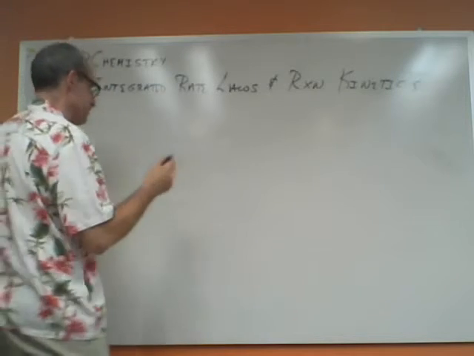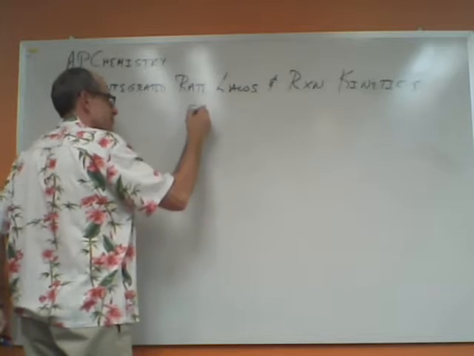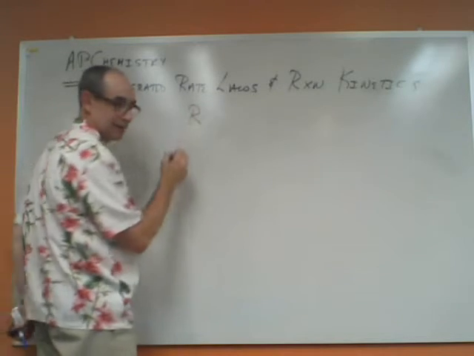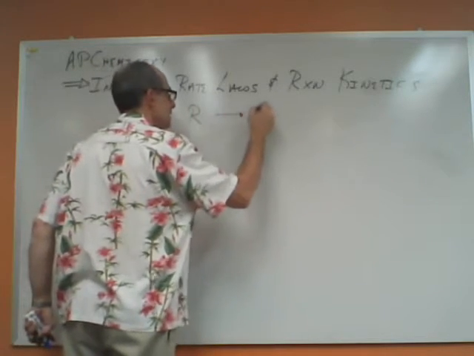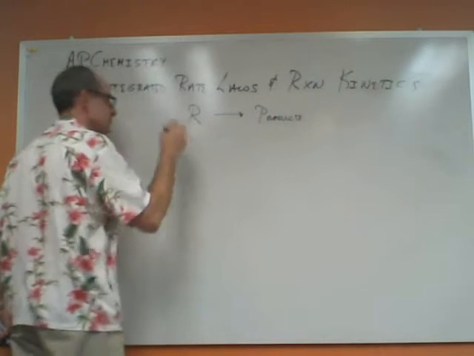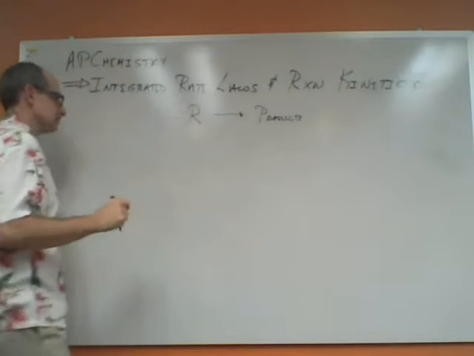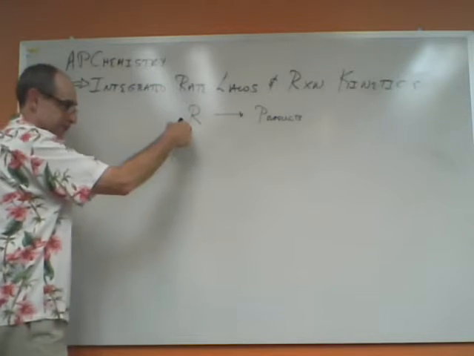It's when we have a decomposition reaction, and remember, a decomposition reaction is one in which you have only one reactant, I'll label it R, becoming products. And you could have some coefficient here, it won't matter, so I'll just leave this as 1 for simplicity.